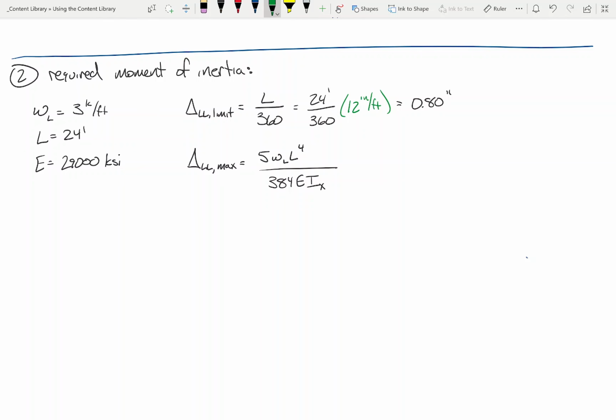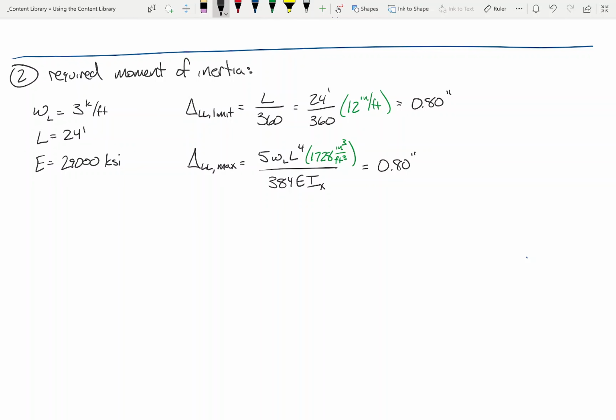I left a little space here because I need to incorporate that lovely 1728 conversion factor. Like we've done on numerous instances prior to this, we set this equal to 0.89 and solve for Ix.